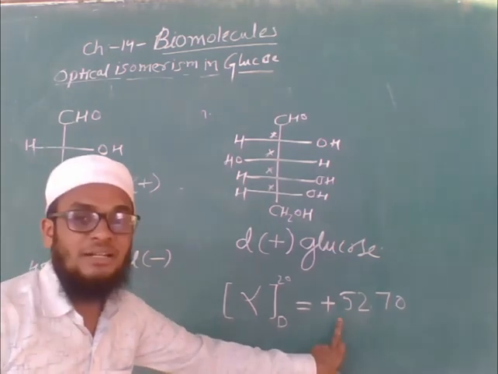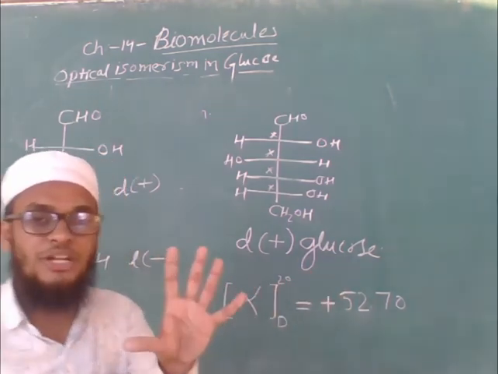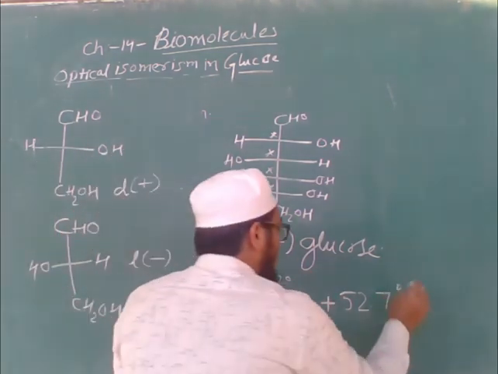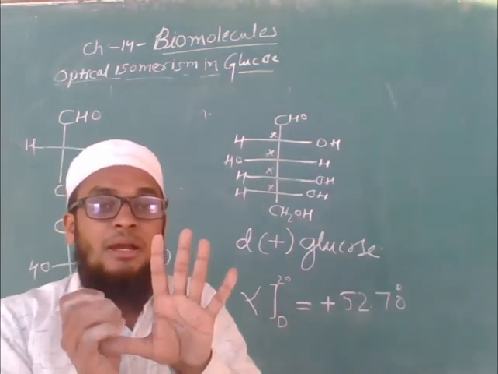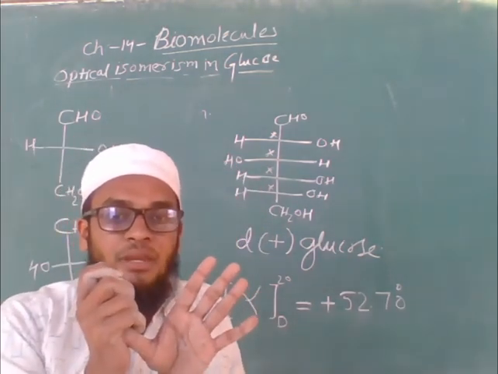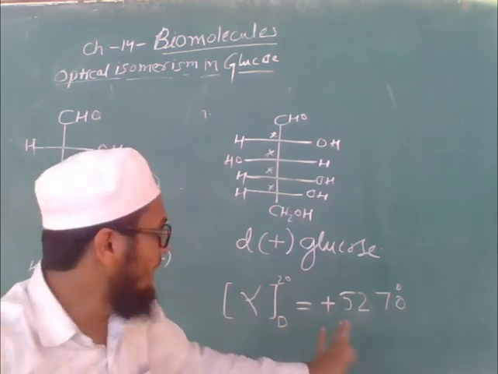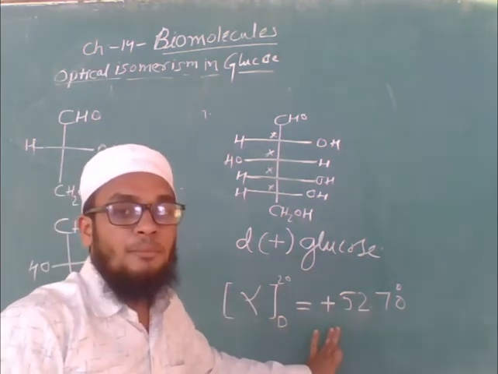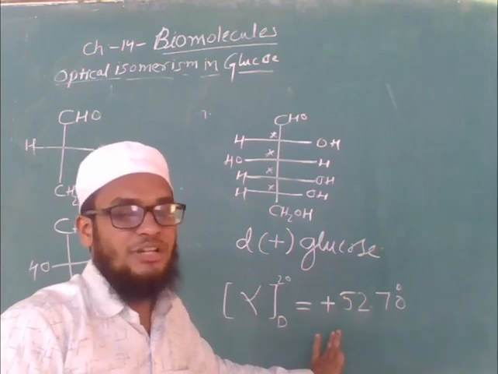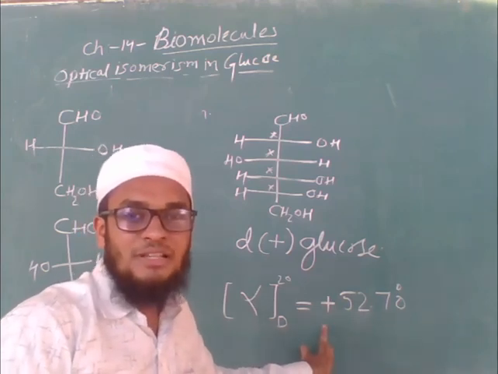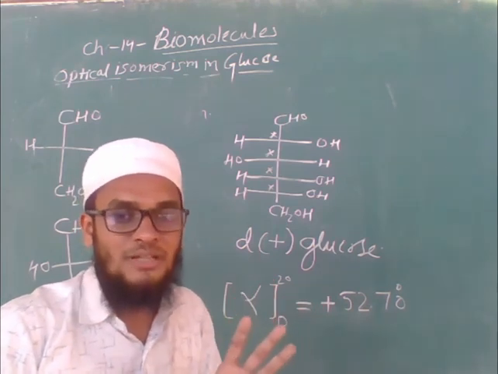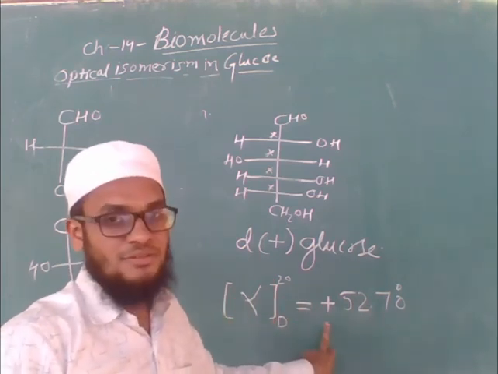This much rotation it has, meaning it can rotate our plane polarized light by 52 degrees towards clockwise. So it has 52 optical rotation, the specific rotation. And what is this plus sign? It can rotate in a clockwise direction, that's why it is plus.